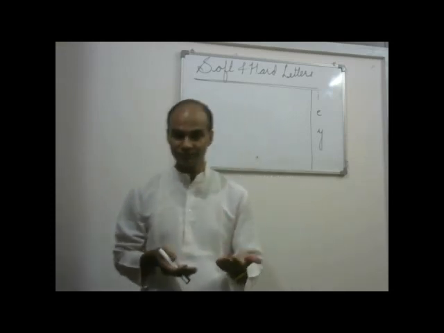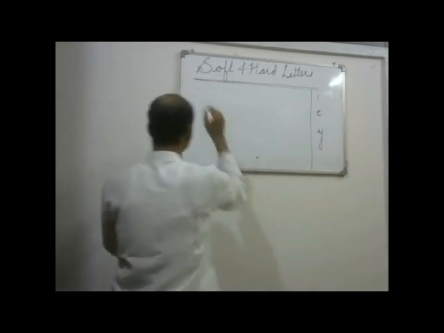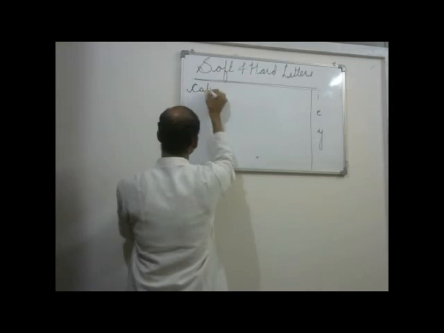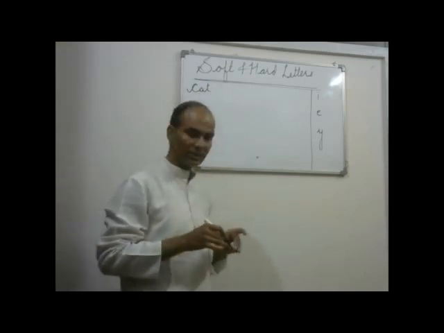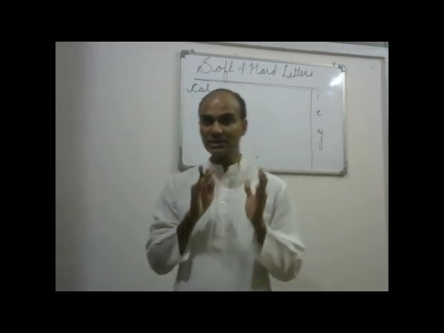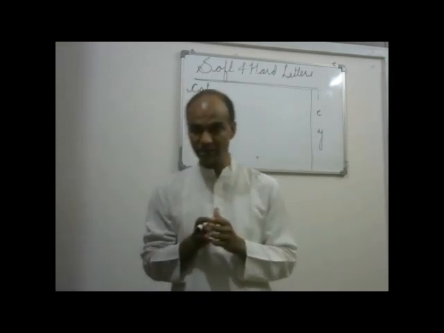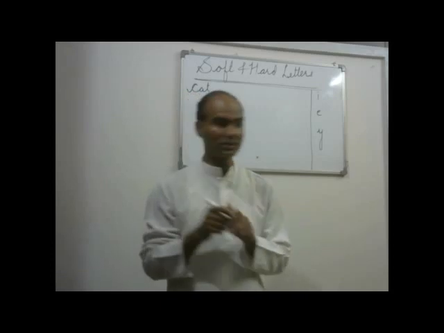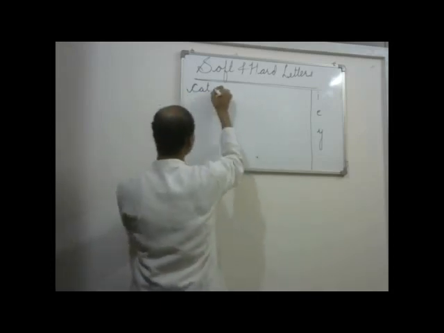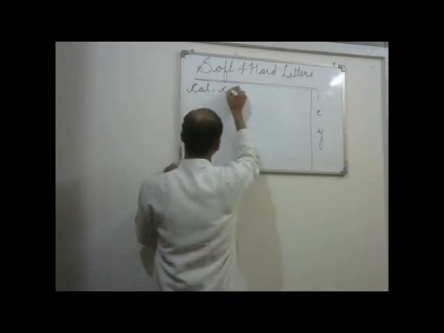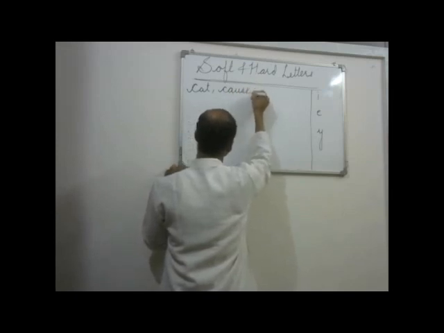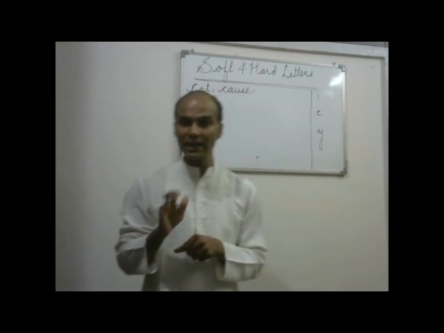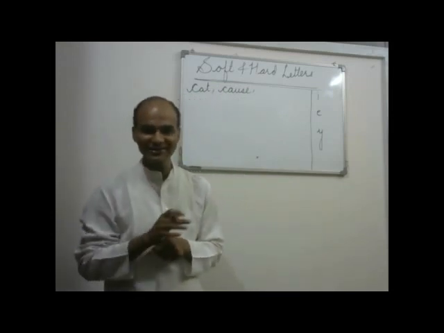Now how? For example, see this: C-A-T. Now C-A-T is cat. It means C has a hard pronunciation. We are not pronouncing it as sat, it is cat. Similarly, you can see C-A-U-S-E. We pronounce it as cause, not as sows, right?